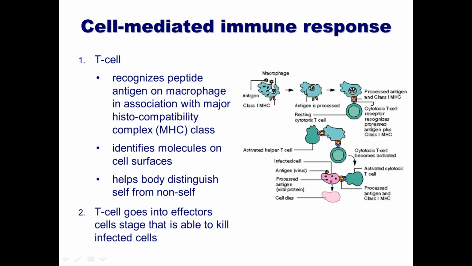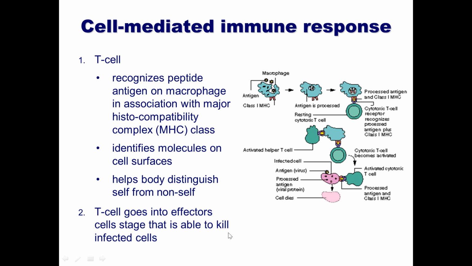This TC cell recognizes the processed antigen and then produces cytotoxic molecules, right? Cytotoxic molecules are produced and these kill that antigen. Clear this whole process? So this is how foreign antigens are killed.